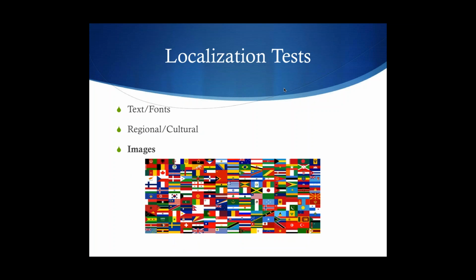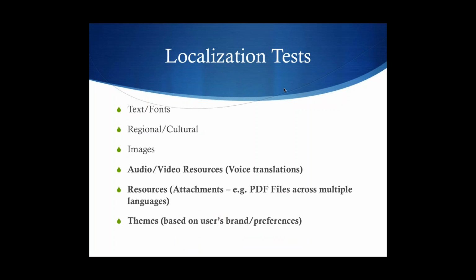You might show different images based on your localization. Even audio, video resources. If you have video resources, you might have to film those differently. And audio, of course, you'll have to have good audio translation. If your website uses PDF files, you might need to support different versions of that PDF file based on languages. So that's a recap, real quick share on localization tests.